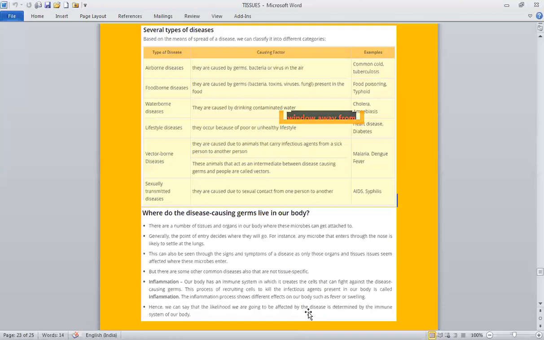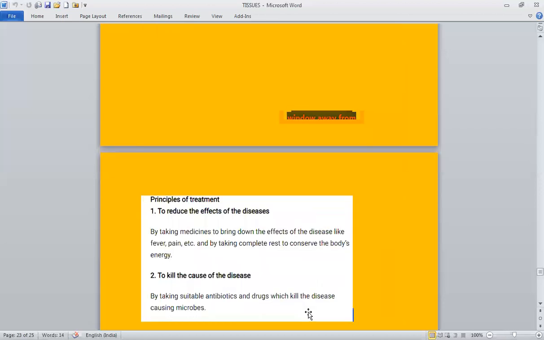All these are known as symptoms of disease or disease manifestations. Headache, body pain, restlessness, cough, cold are very common symptoms which are associated with a wide variety of diseases. But there are other symptoms also which are disease specific, and they are known as specific symptoms.